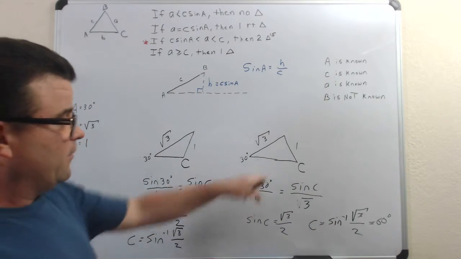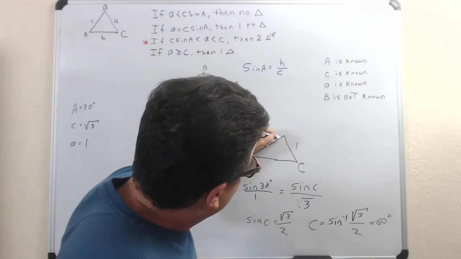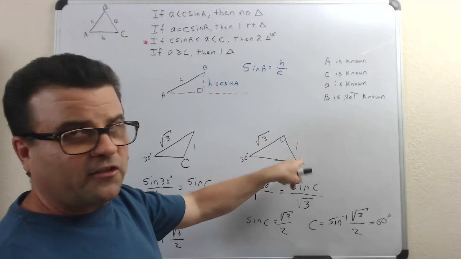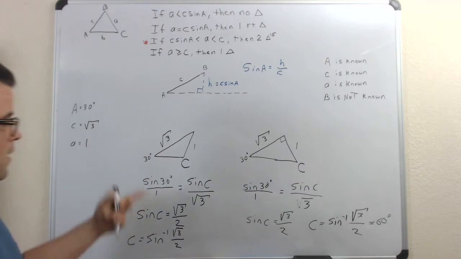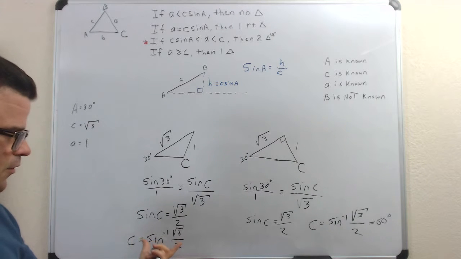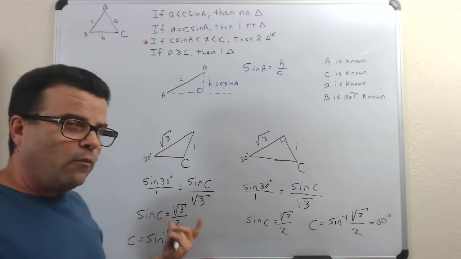That makes sense for this acute triangle. We have a 30, 60, 90 right triangle, and C is a 60-degree angle. But what happened here? This one's obtuse, and we know that arcsine of root 3 over 2 is 60 degrees. So what's going on here?